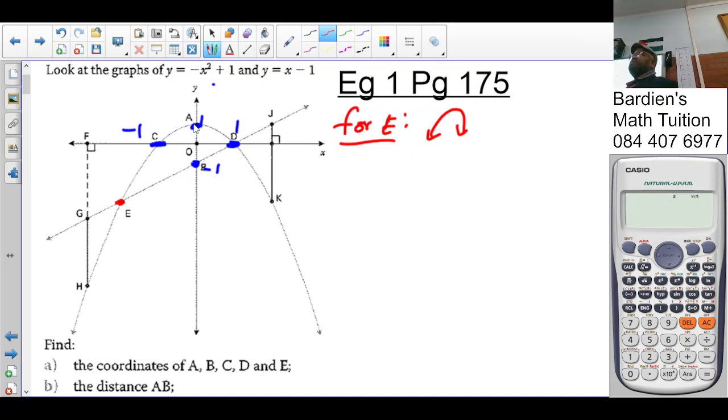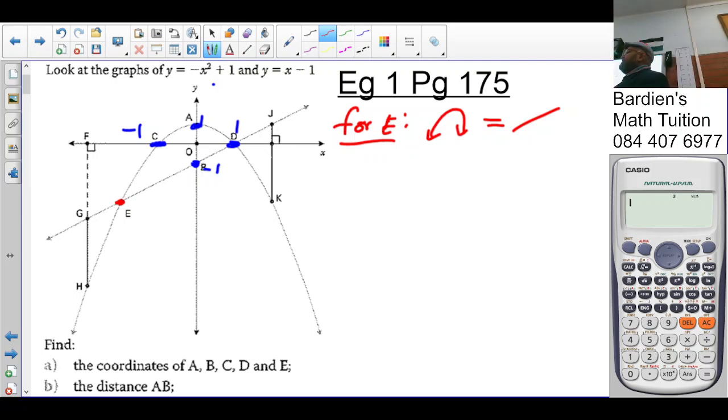Can you see that? So what I do is I say the two graphs equal to each other. We have y is equal to negative x squared plus 1 and y is equal to x minus 1. So if that is your two equations, I'm going to then do simultaneous equations to calculate them.